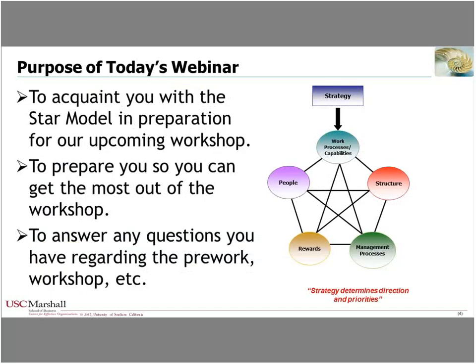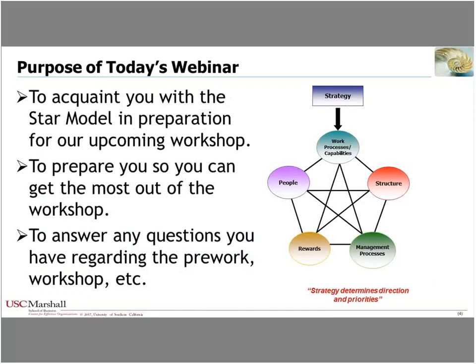We wanted to spend some time this morning, if you're on the West Coast. Those of us in Europe, it's the afternoon. And we wanted to give you kind of an overview of the key model that we're going to be using during the week. It's Jay Galbraith's STAR model. It's probably one of the most used organization design models out there today.